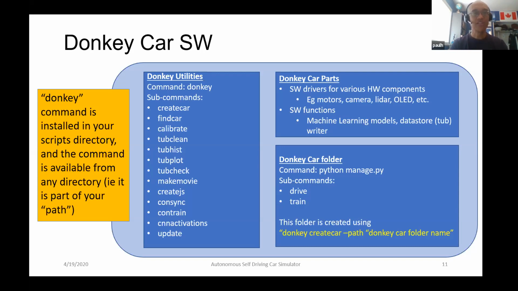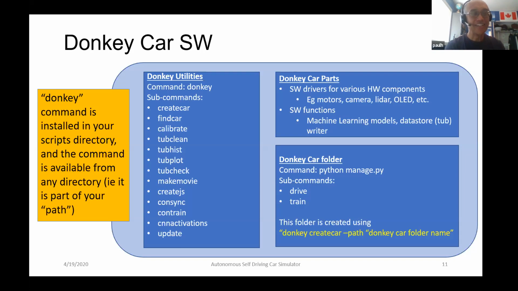There's a bunch of parts that have been contributed by the community. And then there are also software functions, such as the machine learning models, the data store writing, etc. So there are lots of functions in there. If you go into the Donkey Car repository, into the Donkey Car folder and the parts folder, you will see that. I also did a screenshot of that folder in one of the later slides.